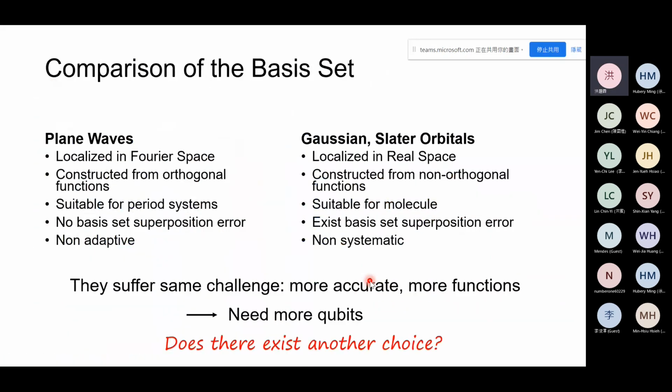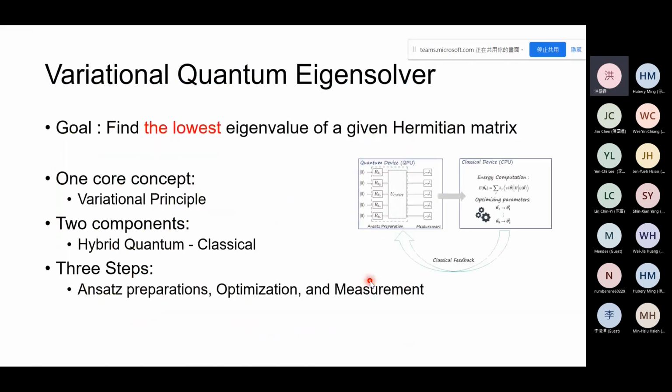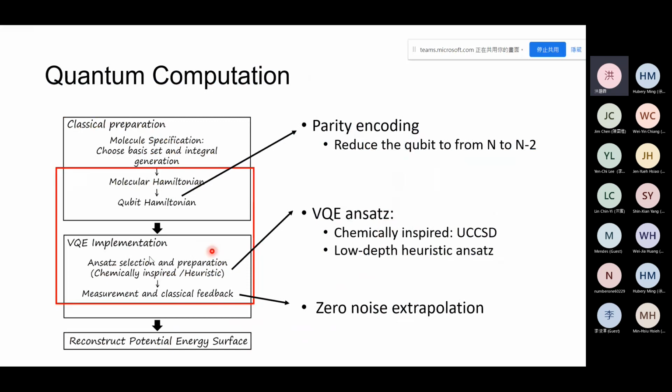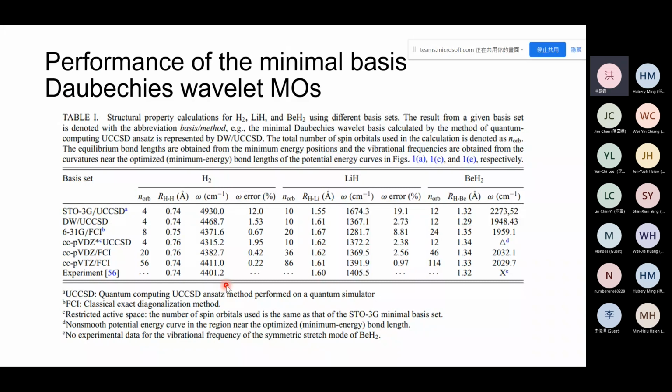But the unitary coupled cluster is the method for the VQE implementation. It's the ansatz choice, and the unitary coupled cluster is directly inherited from the classical CCSD method. So for this molecule, unitary coupled cluster is guaranteed to provide roughly the exact result of full configuration interaction.